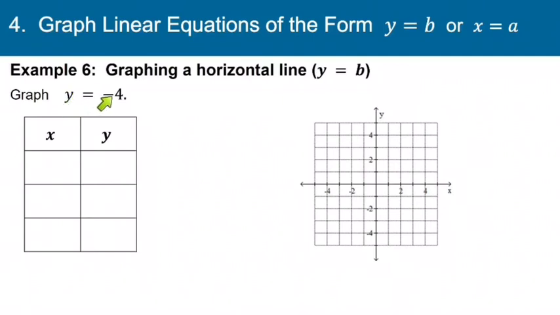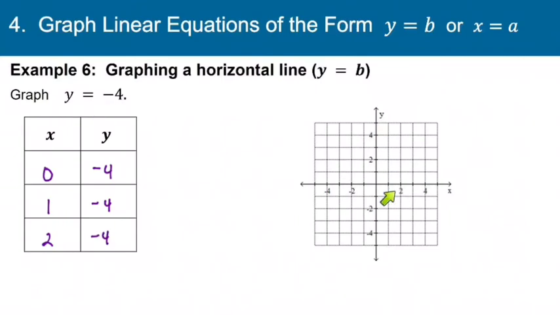Okay, y equals -4 means that no matter what number we use for x, the y value will always be -4. So if we plug in 0 for x, y is -4. If we plug in 1 for x, y is negative 4. If we plug in 2 for x, y is negative 4.